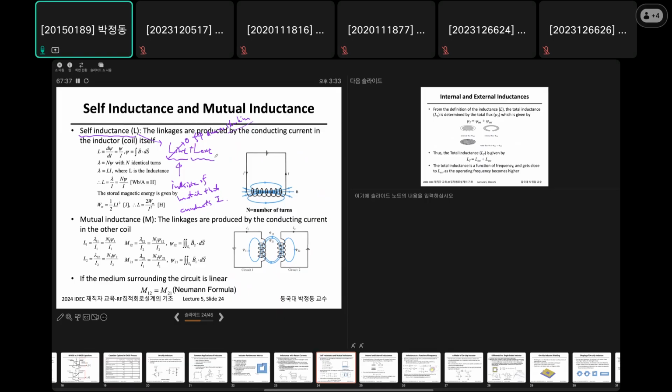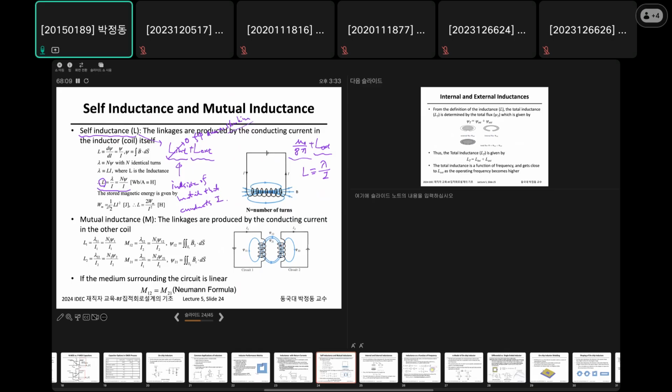This internal inductance is typically mu 0 over 8 pi, which is quite small, and external inductance is what we are talking about. This external inductance is given by this equation. The inductance is defined as linkage divided by I. So you can easily get the inductance from this definition.